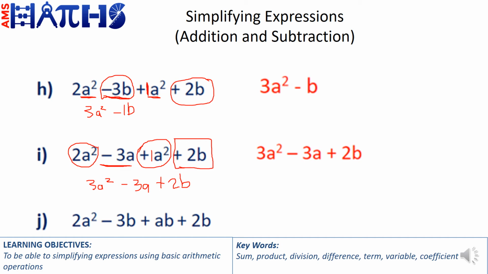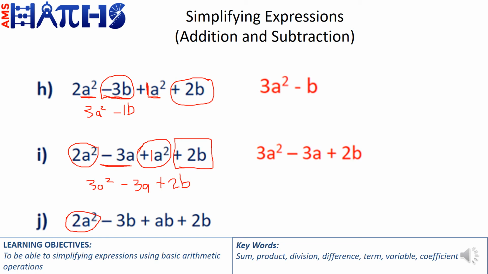Our final example here, we have a squared, we have b, we have ab, and we also have another set of b's. And so we will collect the like terms. So the only a squared we have is this one that I have circled.